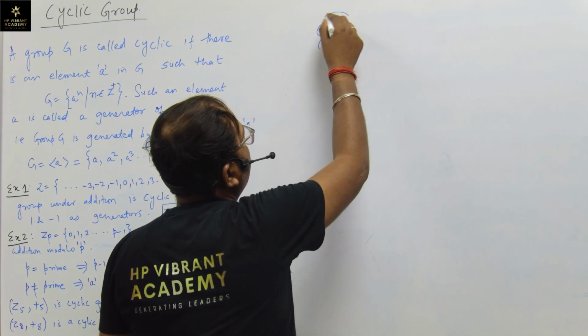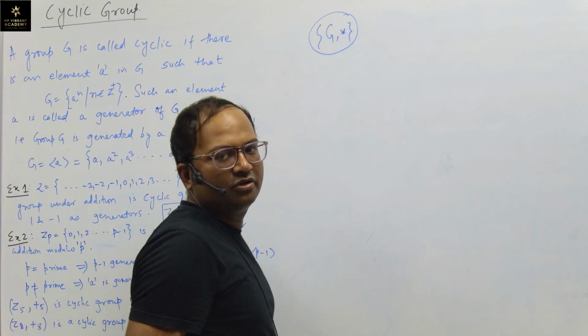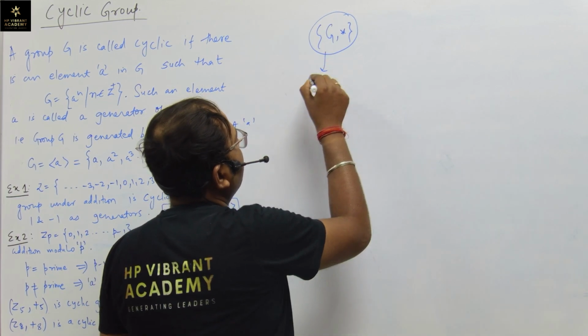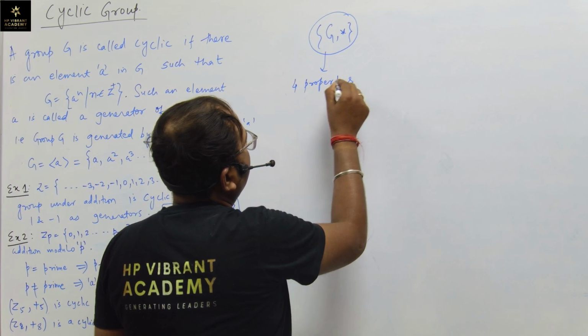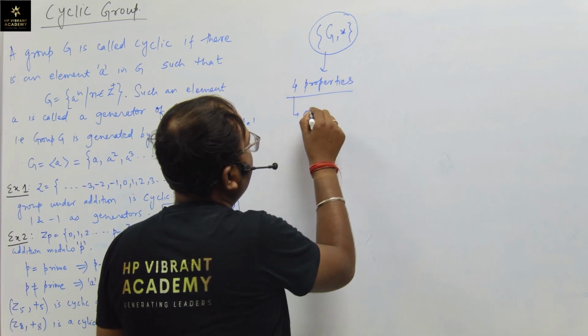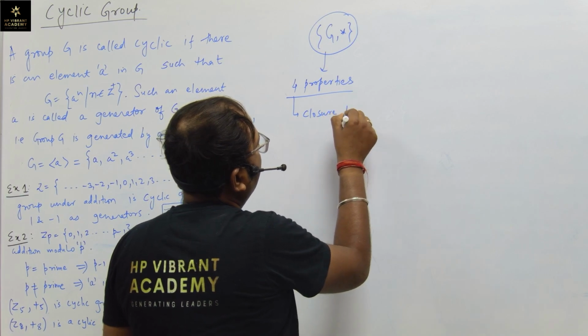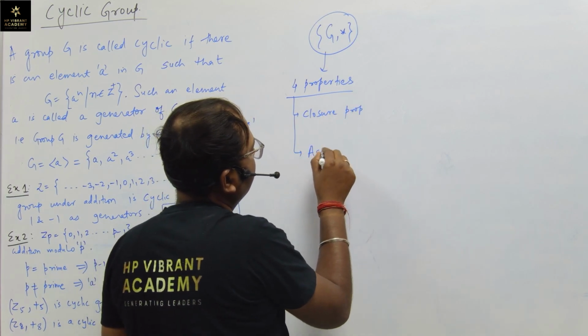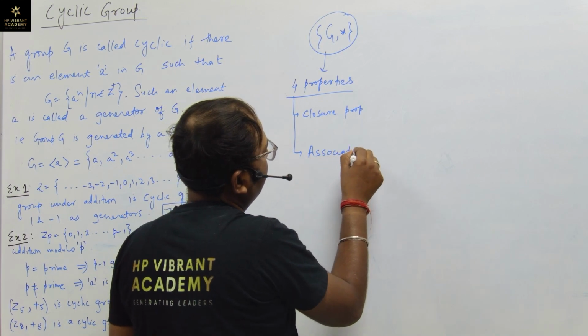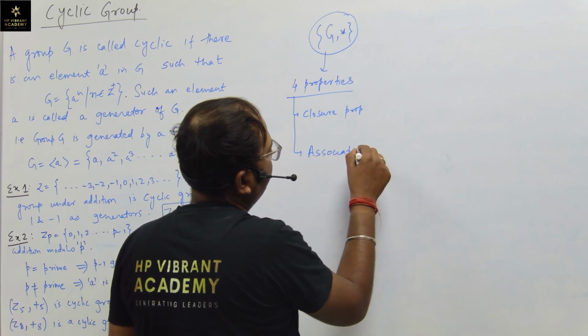This algebraic structure is said to be a group if it satisfies four properties. The first one is the closure property. The second one is associativity.